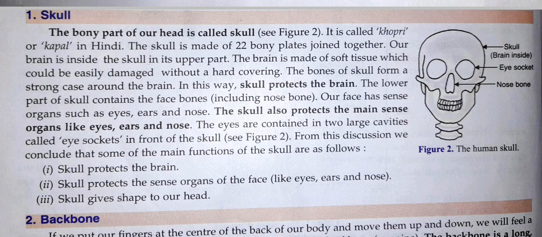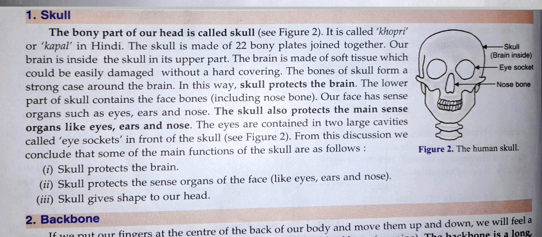The skull also protects the main sense organs like eyes, ears and nose. So the upper part of the skull protects the brain, and the lower part of the skull protects the sense organs like eyes, ears and the nose. These are the two main functions of the skull.